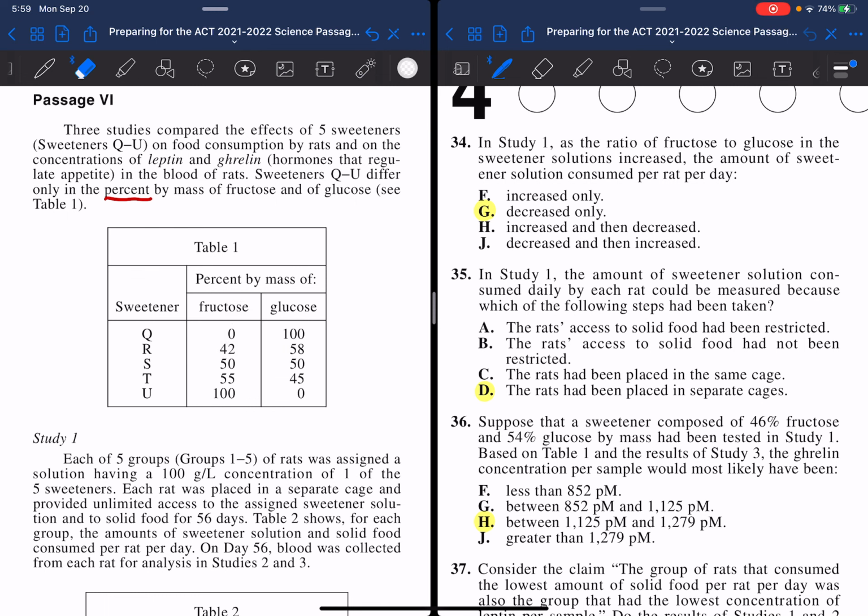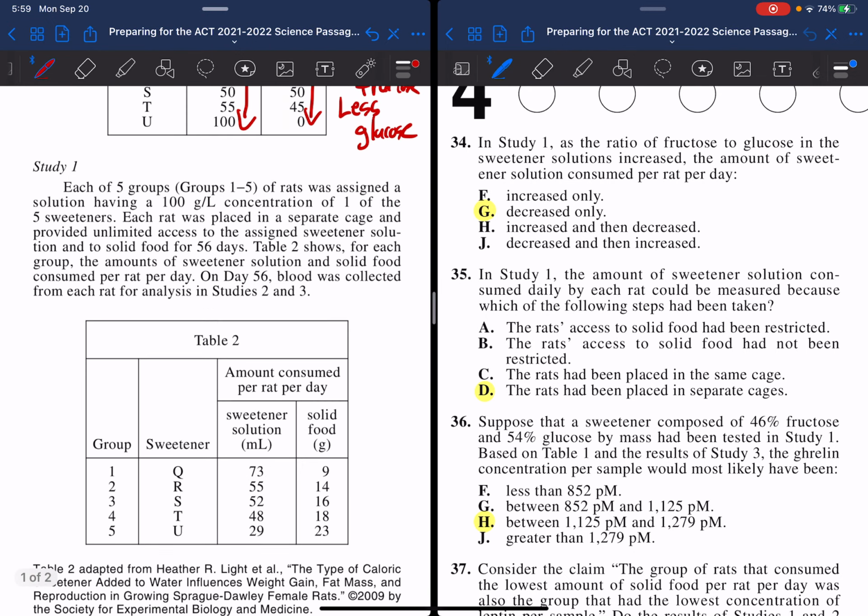Now the key thing to note, besides the fact that they are percentages, is as we go down the table, that is QRSTU, we have more fructose and less glucose. This pattern is probably going to be important for these sweeteners. As you go up the alphabet, you get more fructose in the sweetener and less glucose.